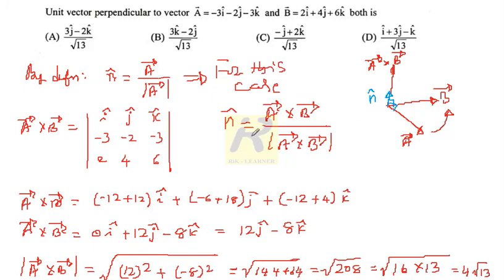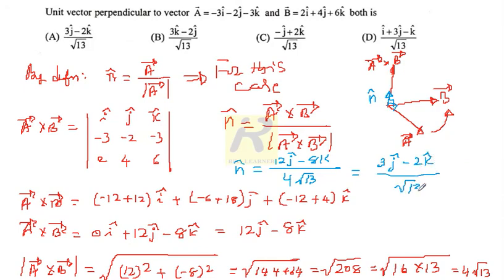That is 12j minus 8k divided by 4 root 13. When you divide it properly, this is 3j minus 2k divided by root 13, which is the answer. This answer should be found in our options. The answer which exactly matches is option A.